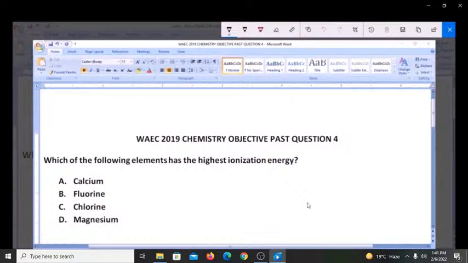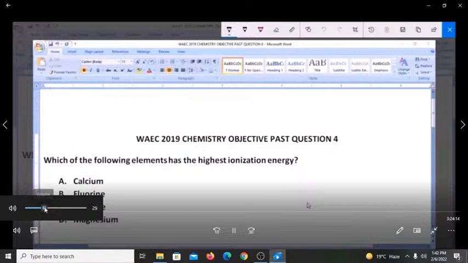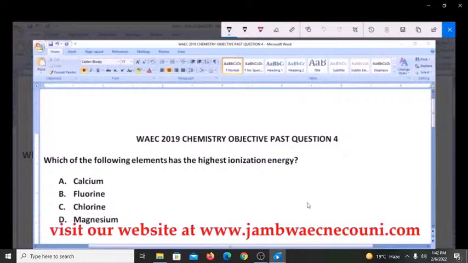Now let me break it down. Basically, ionization energy is the amount of energy that an atom requires to remove an electron, right? To remove 1 electron from its outermost shell, from each of the atoms contained in 1 mole of gaseous atoms.